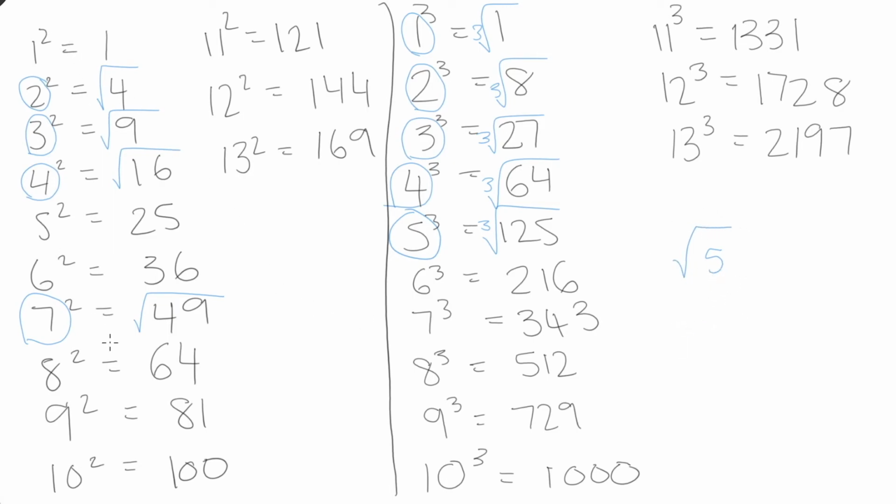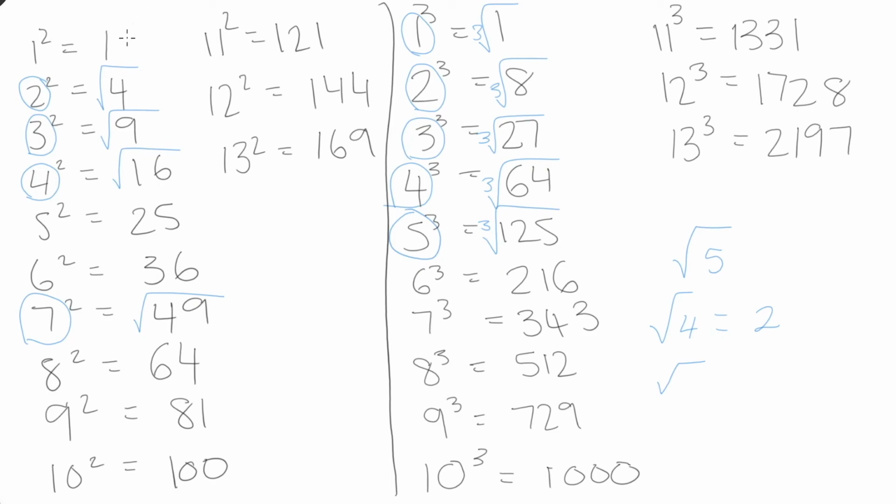Now, let's say we've memorized all of these perfect squares and perfect cubes. So what we can recognize is that the square root of 4 is 2. That's something that we know. And the square root of what's something higher than 5, that's a perfect square.